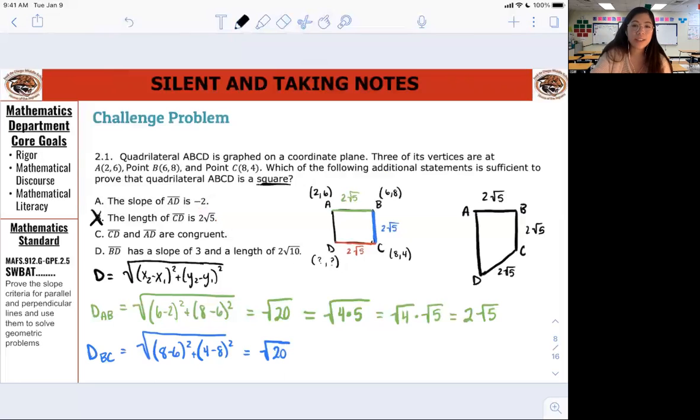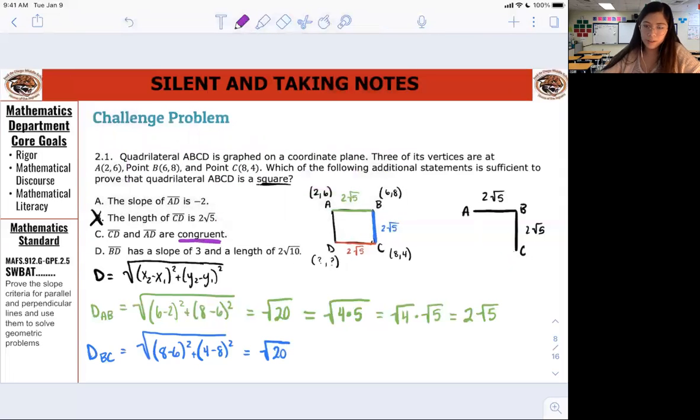Would anyone like me to test a different answer choice? Yes, please. Okay. Which other choice could be possible for me to check? C. Okay. If CD and AD are congruent. Ooh, that one's interesting. They say that CD and AD have to be congruent, but do they tell us how much they should measure?